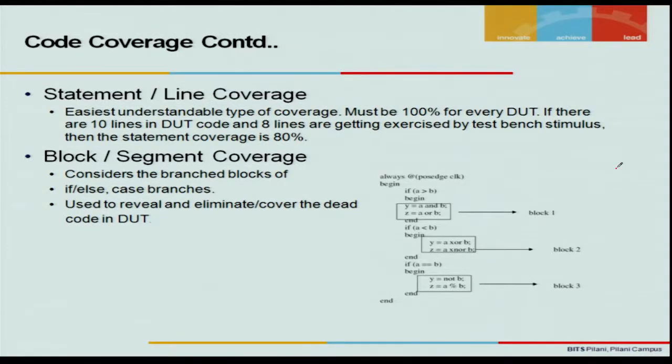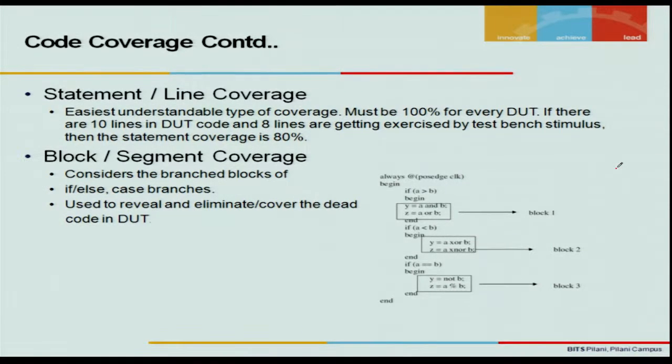Okay, statement and line coverage. This is the easiest type of coverage to understand, and it must be 100% for every DUT. For example, let's say there are 10 lines in the DUT code and 8 lines are getting exercised by the testbench stimuli, then statement coverage is 80%. The designer has written his code, and when you run your test cases, it is possible that the simulator has not gone through all the lines of that code, so it will report which lines it has not gone through.